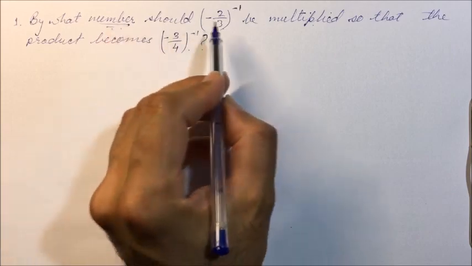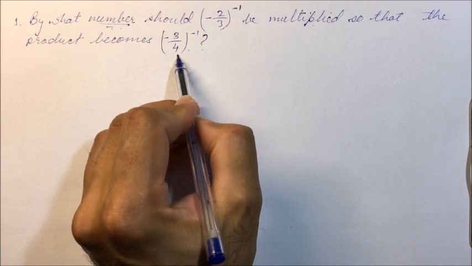So we have to find a number which when multiplied with this number gives this result.